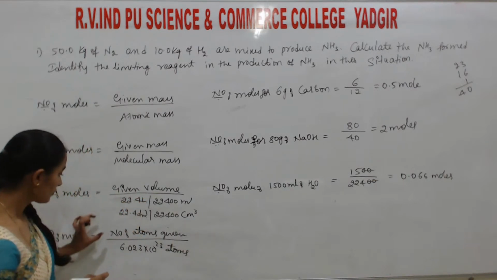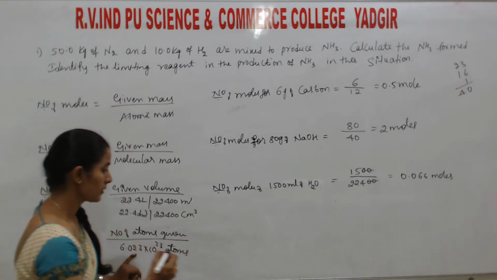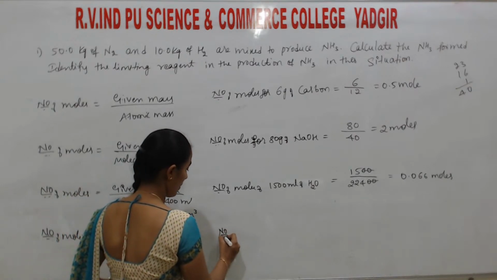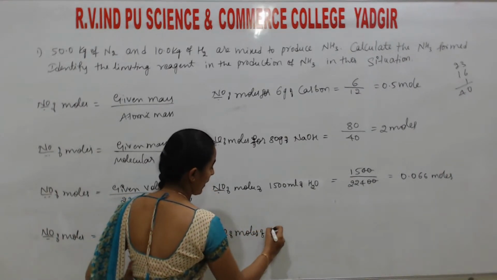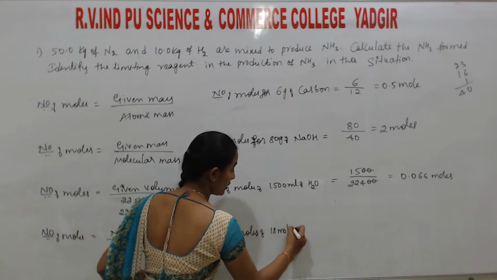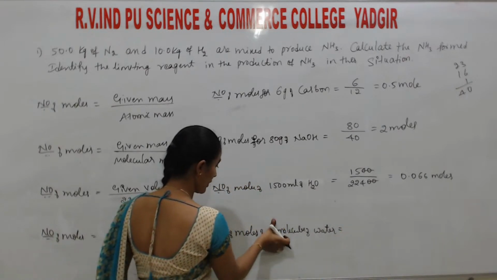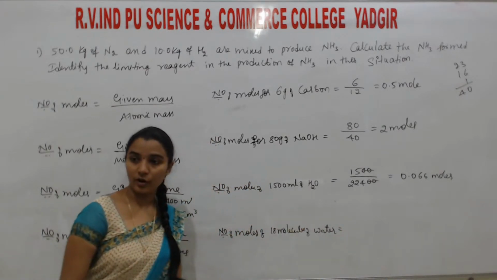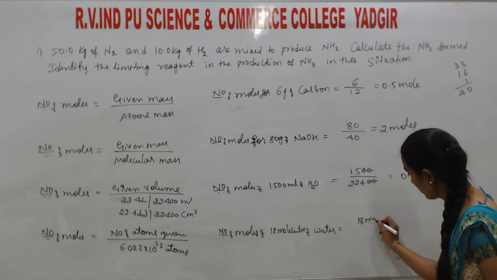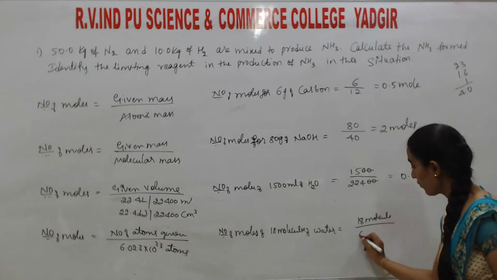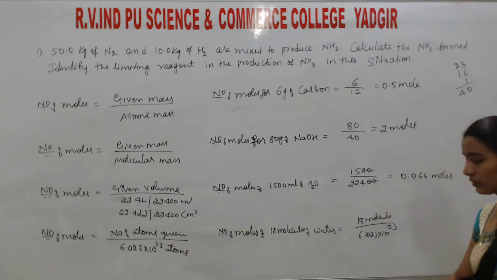Okay, next. Number of atoms given and the Avogadro's number means number of moles of 18 molecules of water. Okay, 18 molecules of water you take. So given molecules is 18 divided by Avogadro number, 6.023 into 10 power 23.